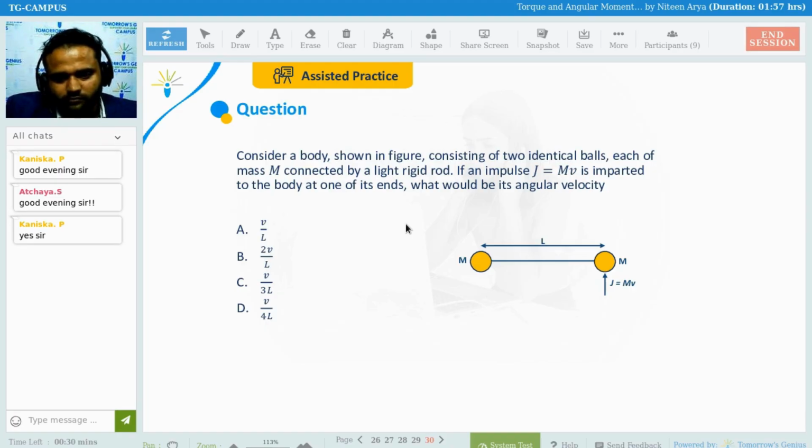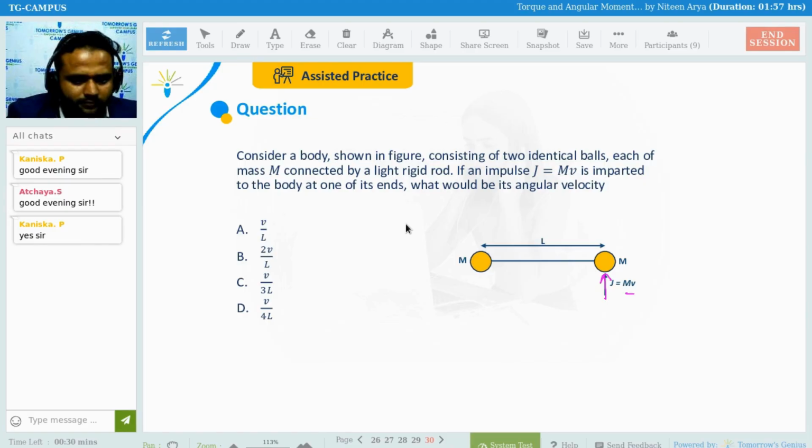That is M, that is M. If I apply an impulse on this side, which is J equals capital M into v, you need to tell me the angular velocity with which it is going to rotate.